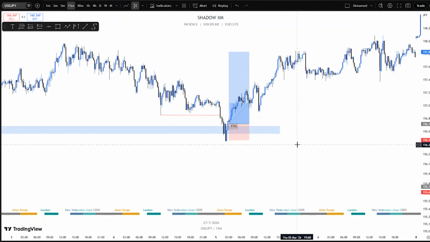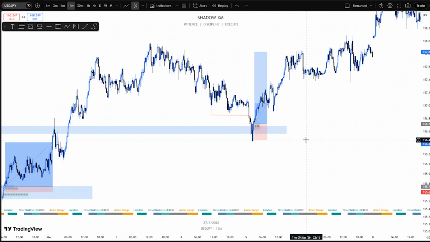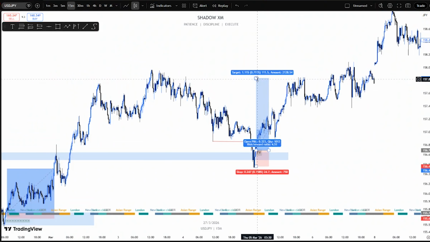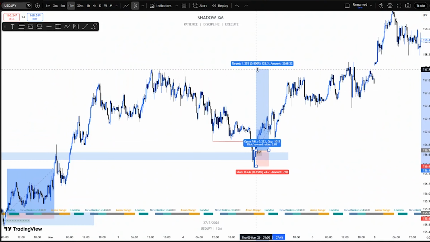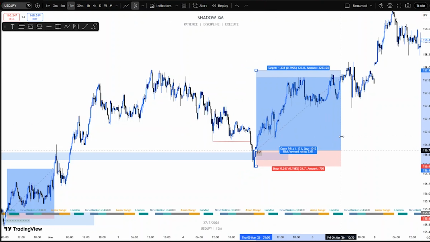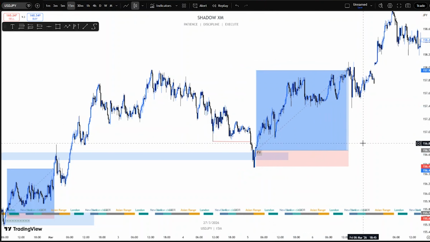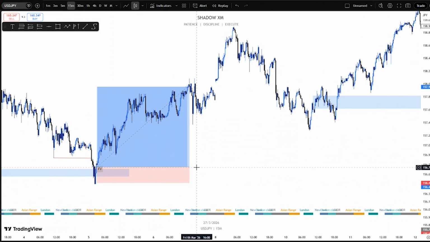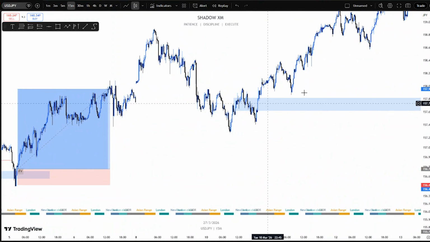So now if I'm targeting the next liquidity, that should be this, right? This one here. Then if you take another entry, you wait. But basically all you need to do is wait for a buy setup since you're in a bullish mood.